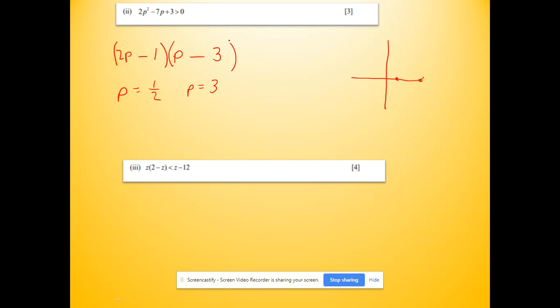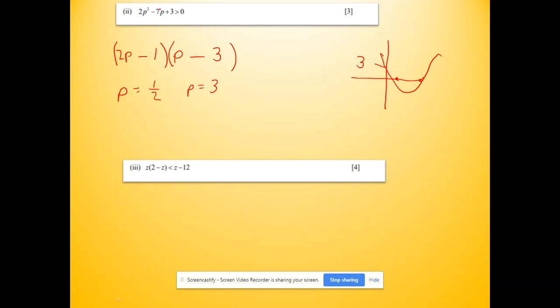So we're going to get 1/2 and 3. It's a quadratic that's positive, which means it's U-shaped, and it does cross at 3, but the sketch doesn't have to be that accurate, you don't need to mark these points. Later on in this test you do need to mark that it's crossing at 3, but at this point you don't.